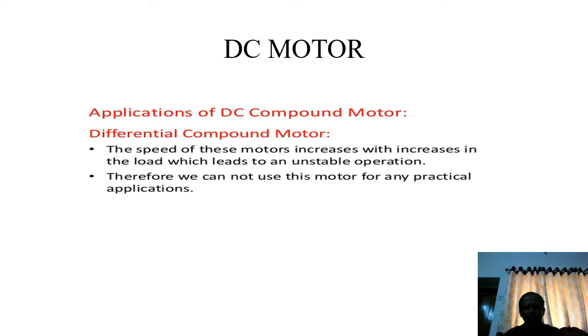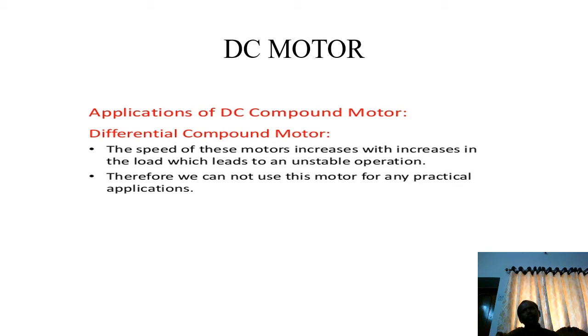In a differential compound motor, the speed of these motors increases with increasing load, which leads to an unstable operation. Therefore, you cannot use this motor for any practical applications.